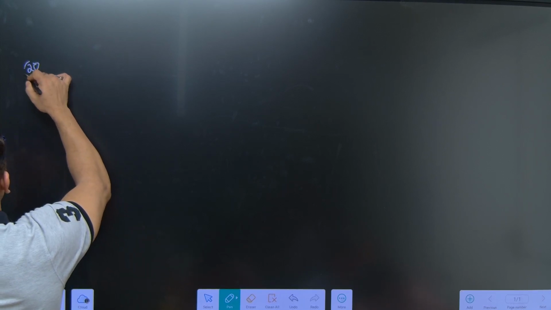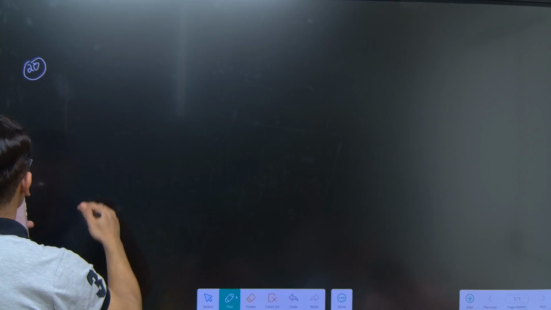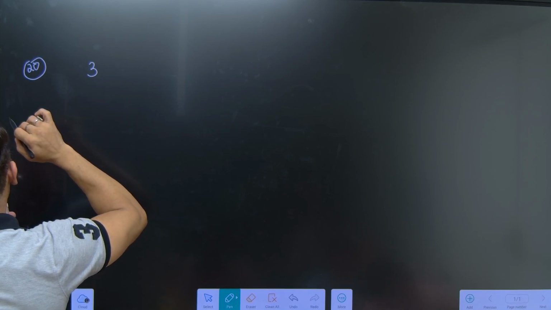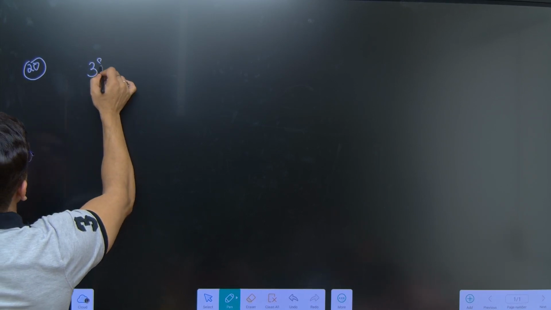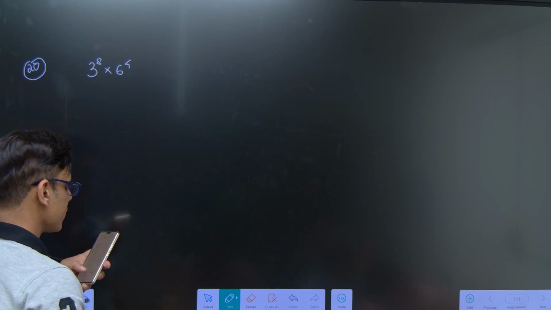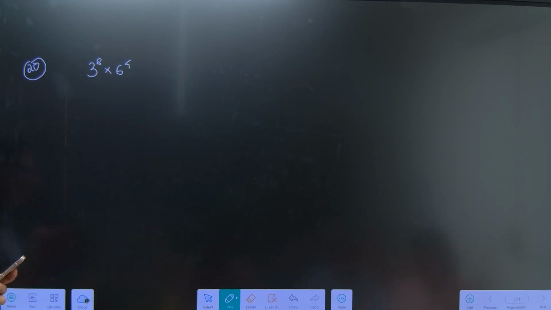Find the number of factors. Question number 20. See, in question number 20, you have to find the number of factors. The number is 3 raised to the power 8 into 6 raised to the power 4. Which option do you think should be your answer?